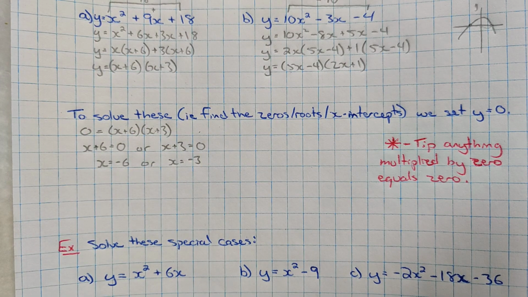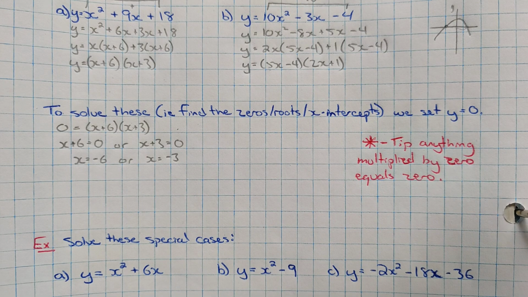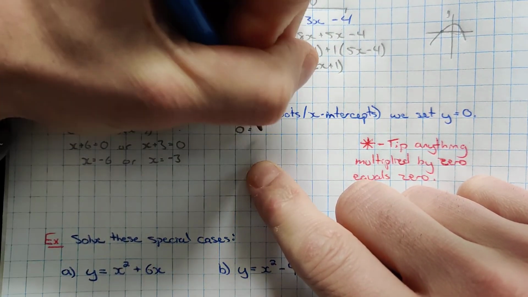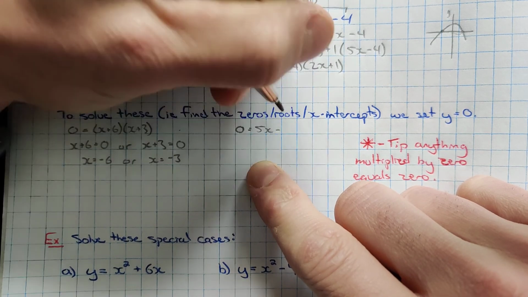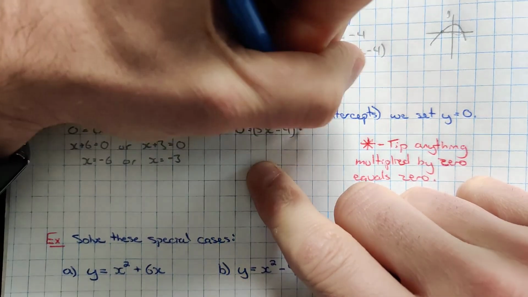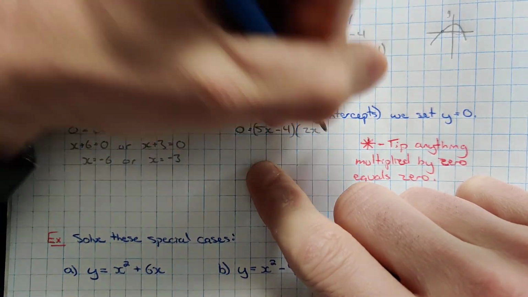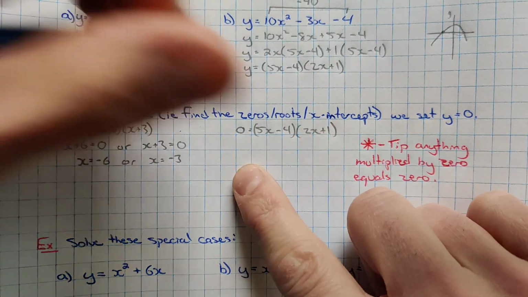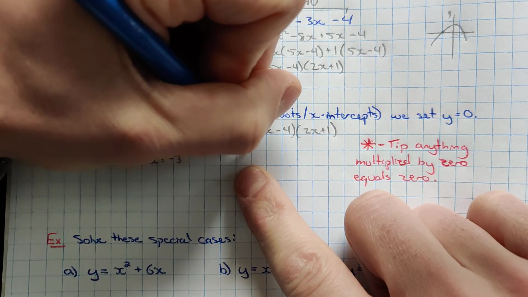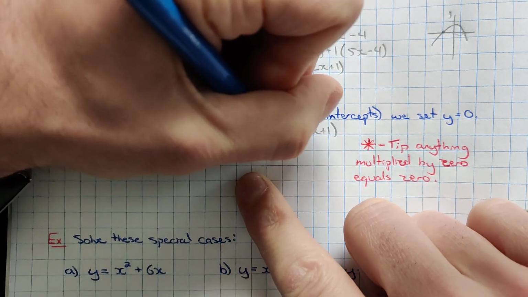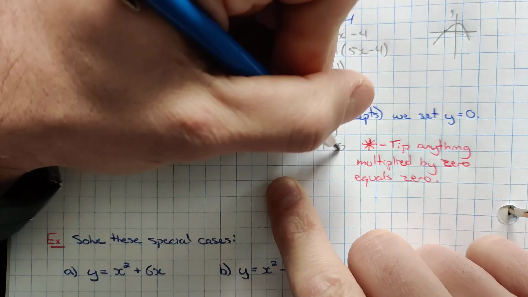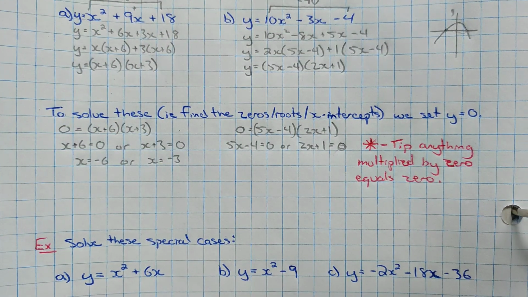So let's take a look at the solution here. 0 equals 5x minus 4 and 2x plus 1. So either this or this equals 0. So 5x minus 4 equals 0, or 2x plus 1 equals 0. One or the other will equal 0.